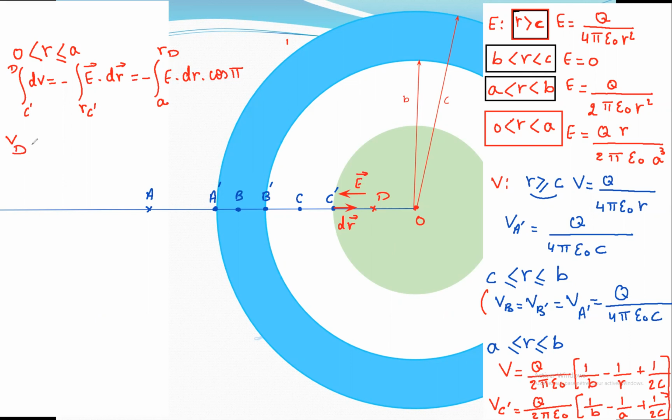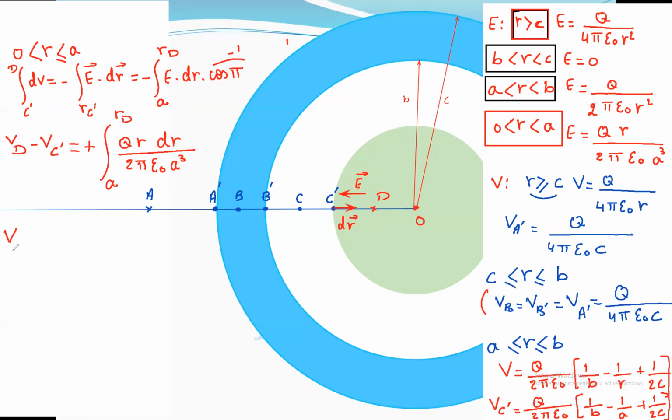VD minus VC prime equals, cosine pi equals minus 1, times minus 1 equals plus 1, integral between A and rD of E. In this region between 0 and A, E equals Q r divided by 2 pi epsilon 0 A cube, times dr.